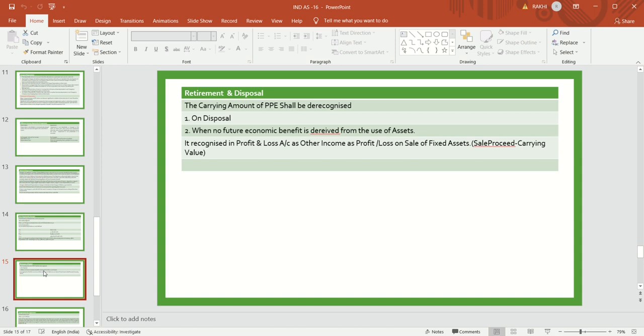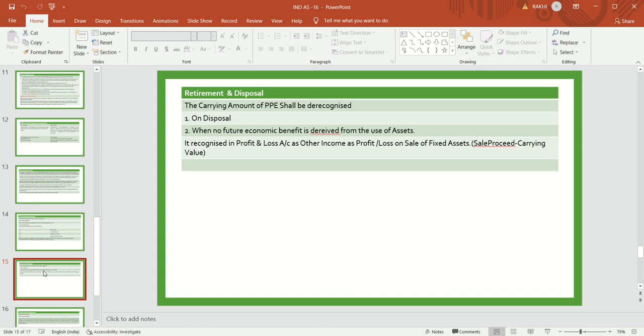What does the standard say of that treatment? The carrying amount of PPE shall be de-recognized from the books on the disposal, when the company sold that PPE, and when no future economic benefit is derived from the use of that asset.